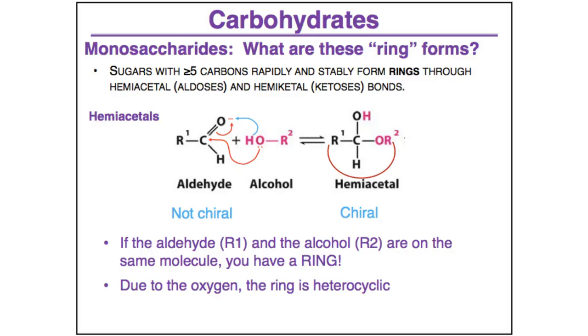But you can have this reaction not only with an aldehyde but also with a ketone, and that is what is called a hemiketal type of bond.